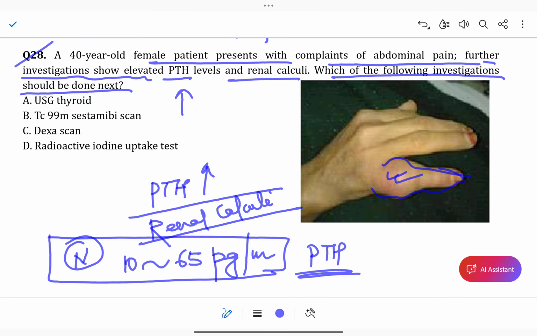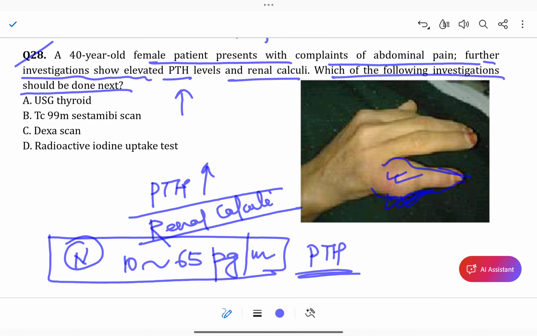Elevated PTH with renal calculi indicates primary hyperparathyroidism, typically from a parathyroid adenoma causing hypercalcemia. Localization of the overactive gland is essential before minimally invasive parathyroidectomy.